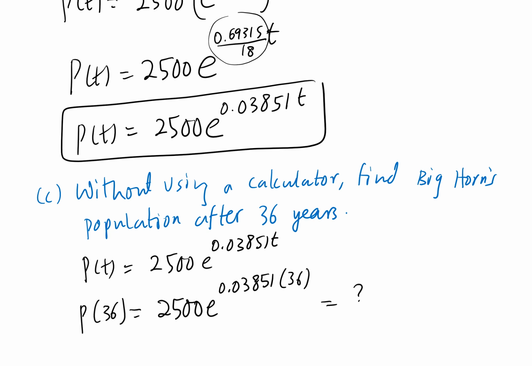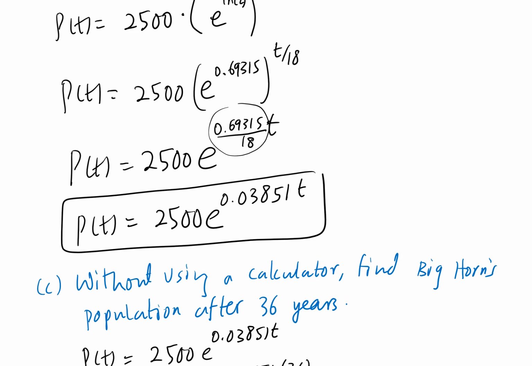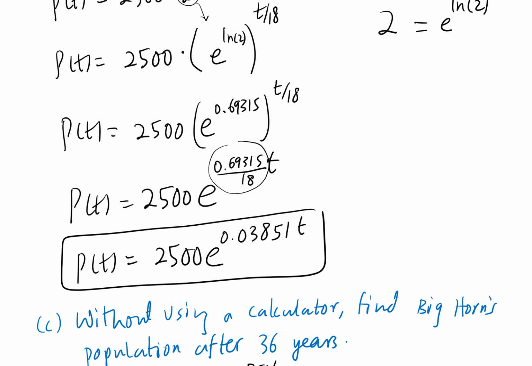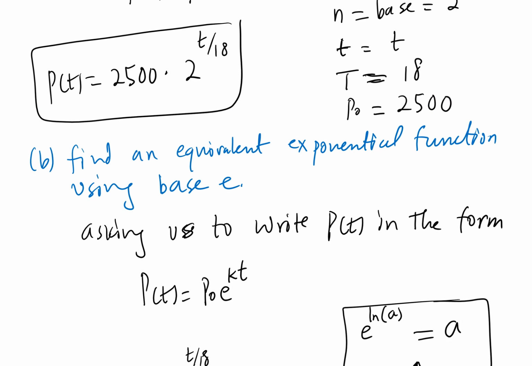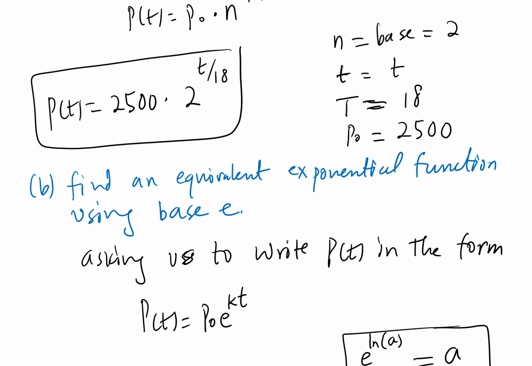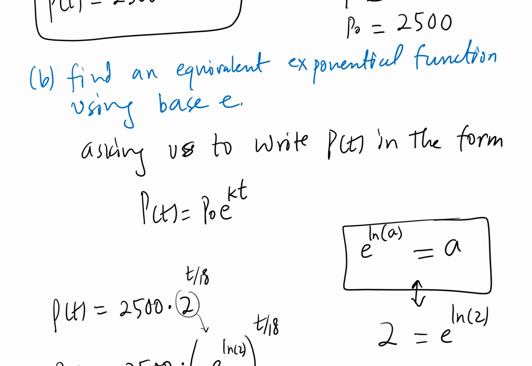So why did they say calculate without the use of the calculator? Well, let's see. Remember where this boxed equation came from. It came from the original equation that we got in part A. All we did is we rewrote this in the other form in base e. So let me write that one down.